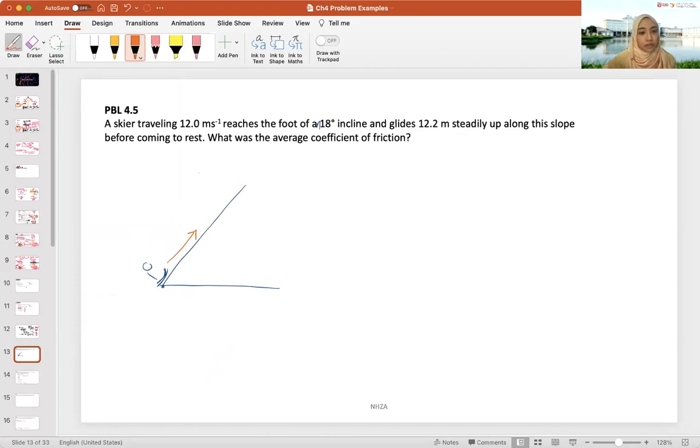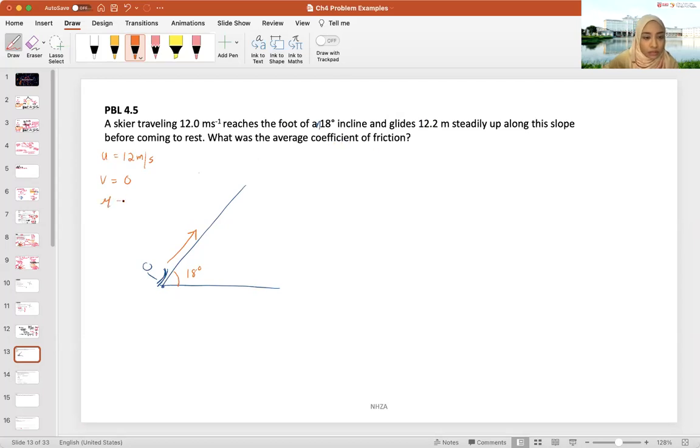Okay, before coming to a rest, which means that it started with U of 12 meter per second. It glides up and then it came to a rest. So V equals to 0. The incline is 18 degrees. And what else? We need to know what is our average coefficient of friction.